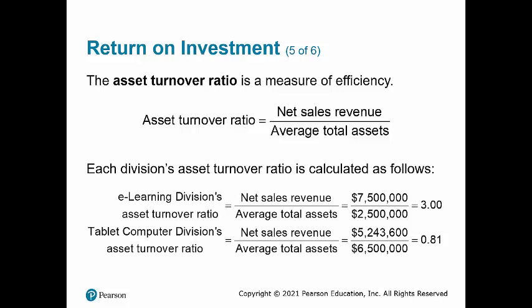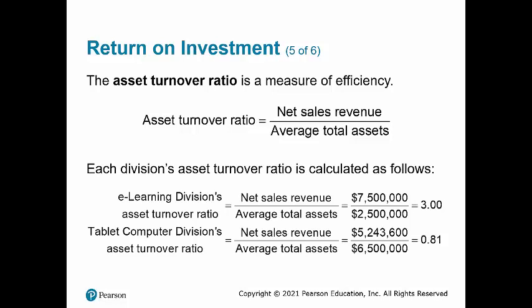The e-learning division has an asset turnover ratio of 3. This means that the e-learning division generates $3 of sales with every $1 of average total assets. The tablet computer division's asset turnover ratio is only 81 cents, or 0.81.